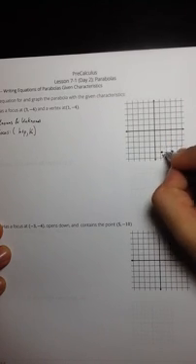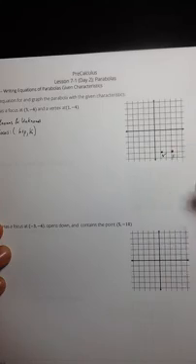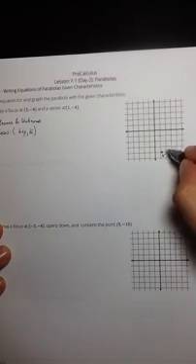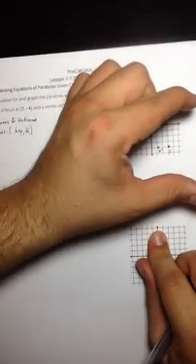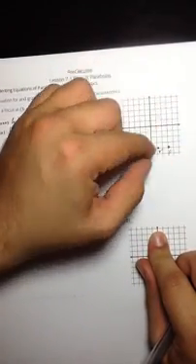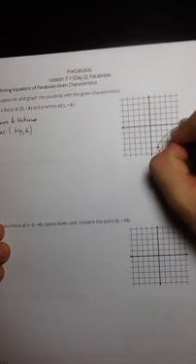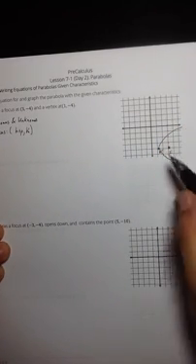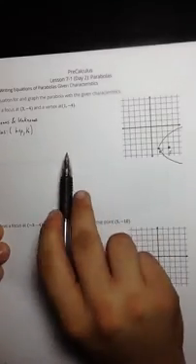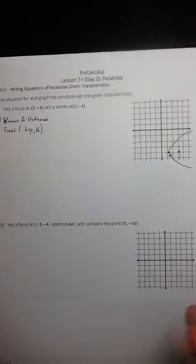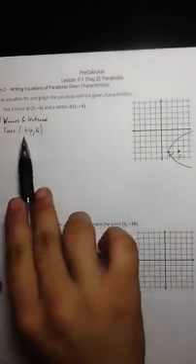If this is the vertex and this is the focus, the parabola has to open toward the focus, and the vertex is just a part of the parabola. It has to look something like that, so we have to make this into a sideways opening parabola.